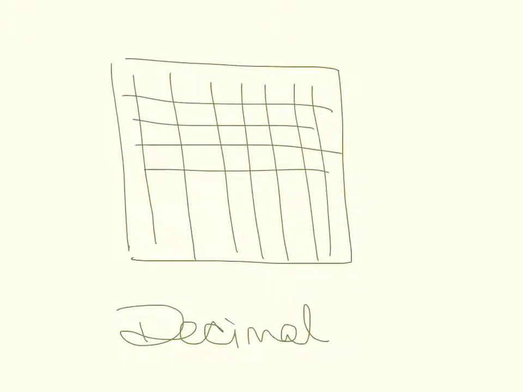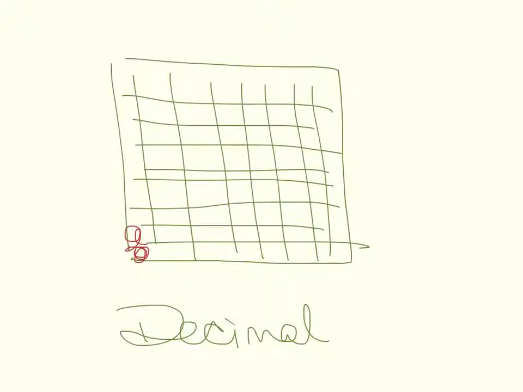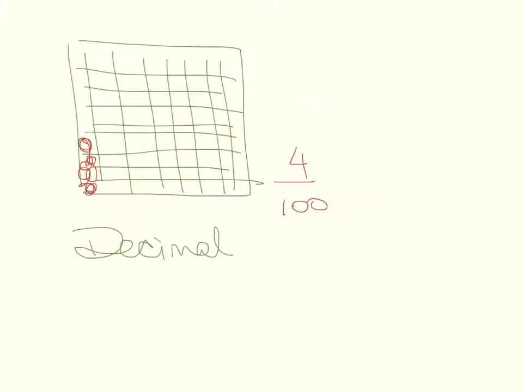So just like in practice the other day, if there are 4 filled, there are 4 out of 100 of the cubes filled. So we would call that 4 hundredths. And think about our place value. We know that's the ones. That's the tenths, but we don't have any tenths. And the hundredths. And how many hundredths do we have? 4.